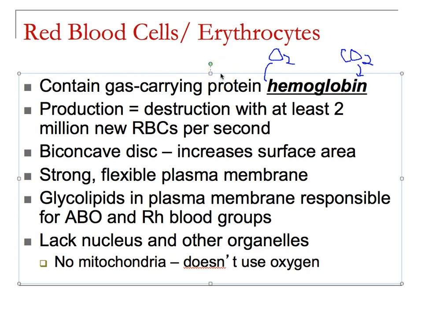We're making a certain number of these red blood cells, where you're destroying at least as many as they can in about a 120-day cycle, right? But you're making at least 2 million new red blood cells per second of your life. And it usually ends up forming this biconcave disc, the purpose of which is to increase surface area. It has to have a strong, flexible plasma membrane.